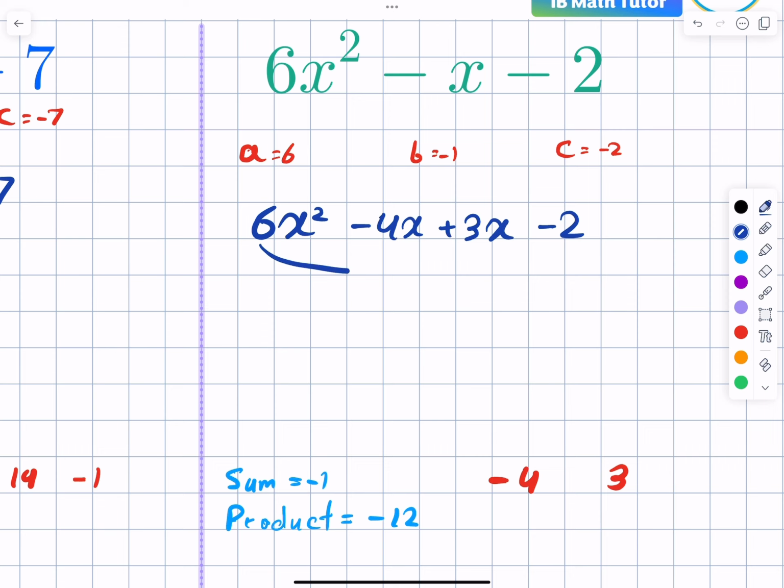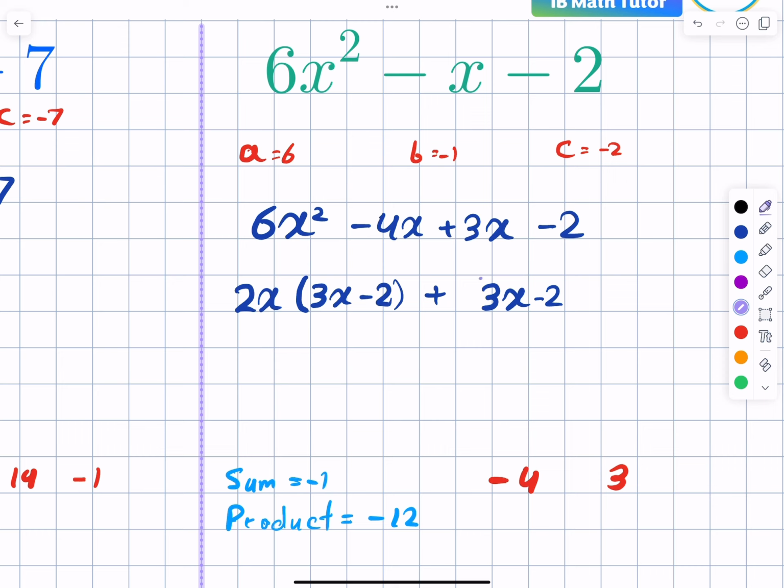From this pair here, we can factorize 2x out. And inside we have 3x minus 2. Because if we expand these, they will be 6x squared minus 4x. Plus now, we notice that here, this is already 3x minus 2 like this. So we write it 3x minus 2. So here again, we have 3x minus 2 and 3x minus 2.